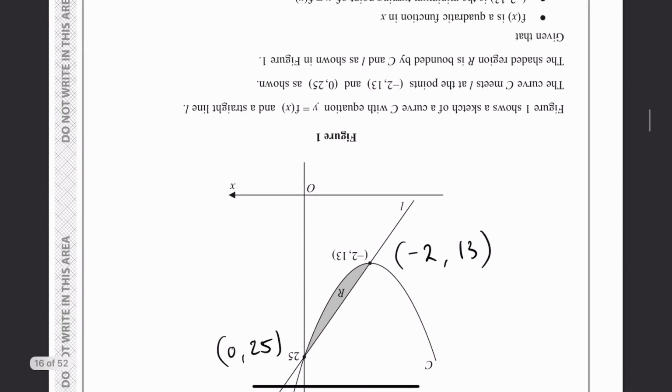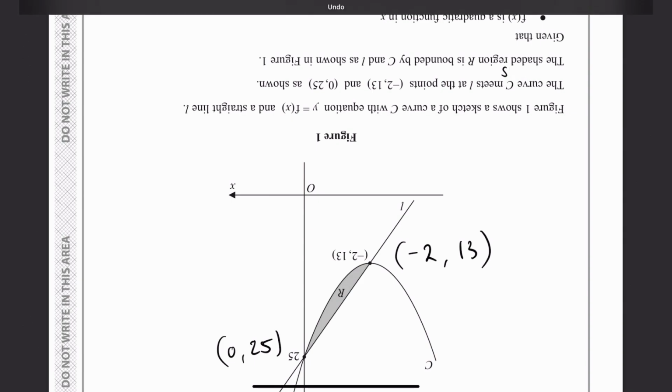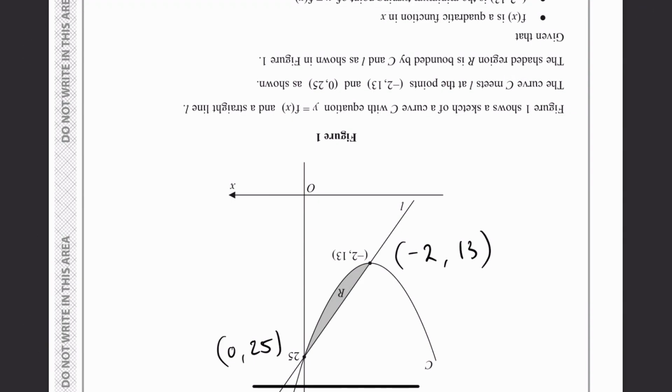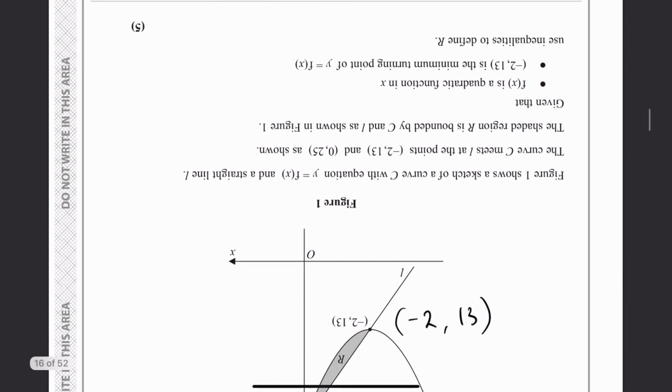The shaded region R is bounded by C and L, as shown in figure 1.